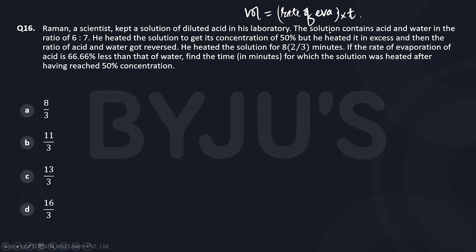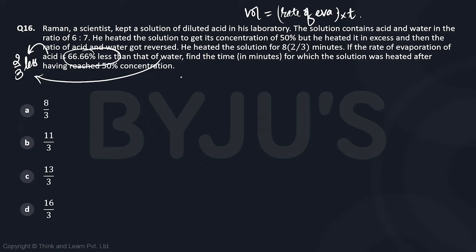So rate here means the percentage. Another thing to understand is 66.66% less here will mean 2/3 less than that of water. So we are going to take water's efficiency as 3. So the acid's efficiency will become 2 less, which will become 1. So these are the two things we will start with.